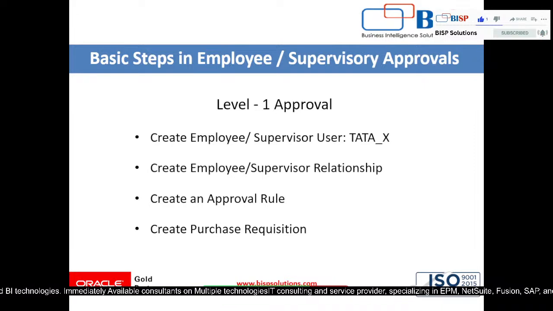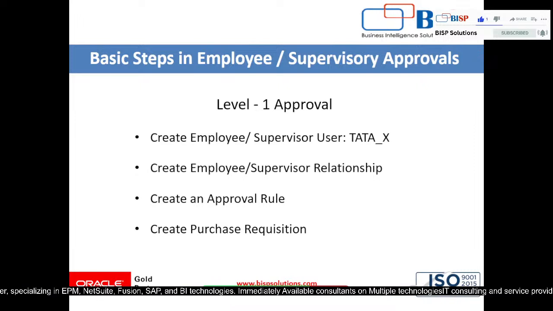Suppose we have the employee, the manager, the senior manager, right? So the request sent by the employee goes first to the manager and then to the senior manager, right? So this is a supervisory approval. So we can perform at the level 1, level 2, level 3, right?